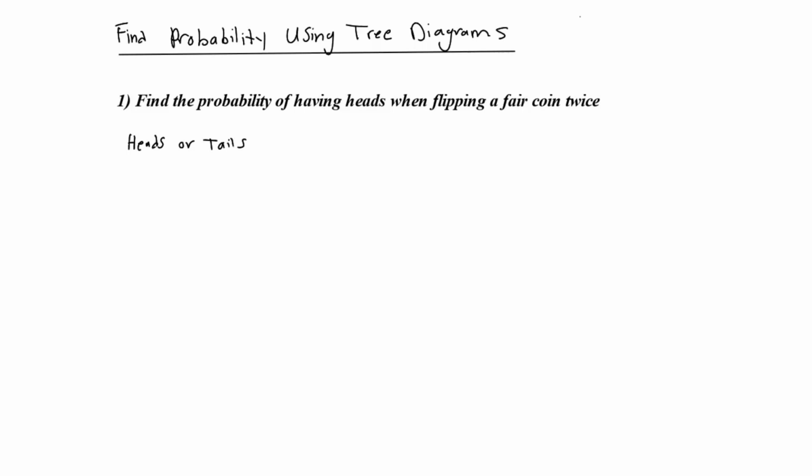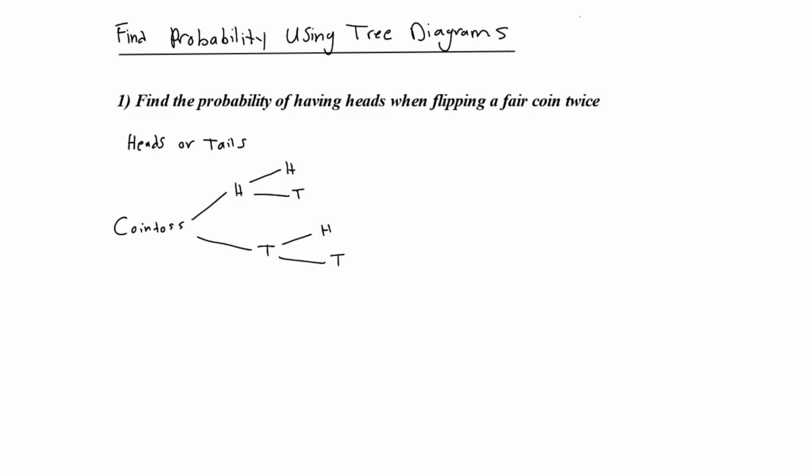In our first flip, we start with our coin toss, and from our coin toss, we can get either a head, which we'll represent with H, or a tail, which we'll represent with T. On our second coin toss, from this head, we can get either a head or a tail, and from this tail, we can also get either a head or a tail. The circle in red is my result for my first toss, and my second toss will be right here.